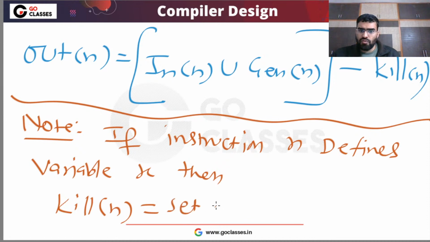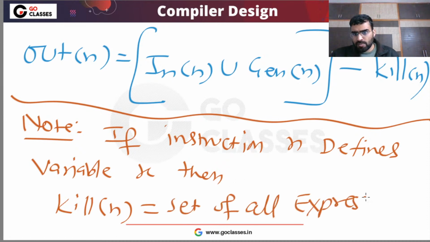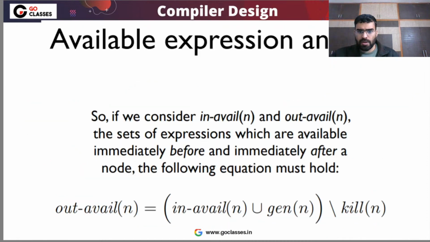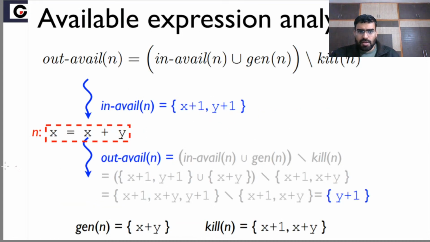That is the set of all expressions containing x. So this is the equation that you will get. This is how you can find the out. I hope this point is clear.